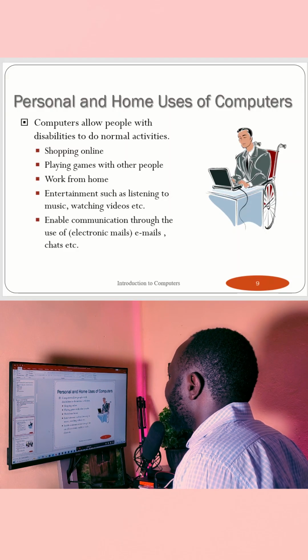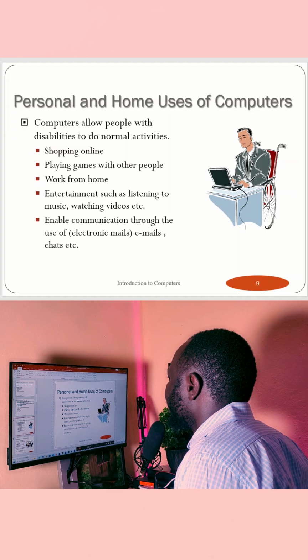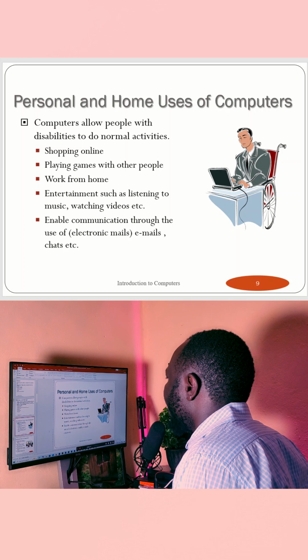We also have playing games with other people, working from home, entertainment such as listening to music, watching videos, etc. They enable communication through the use of electronic mails or emails and chats.